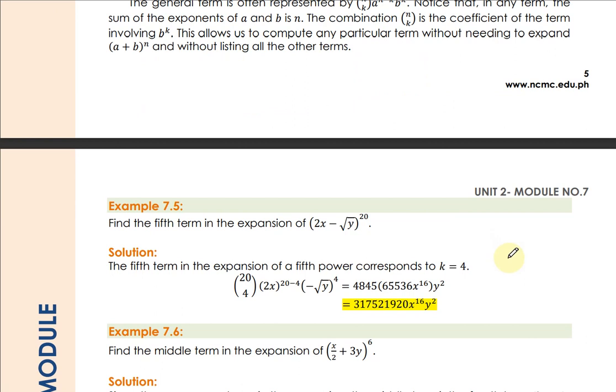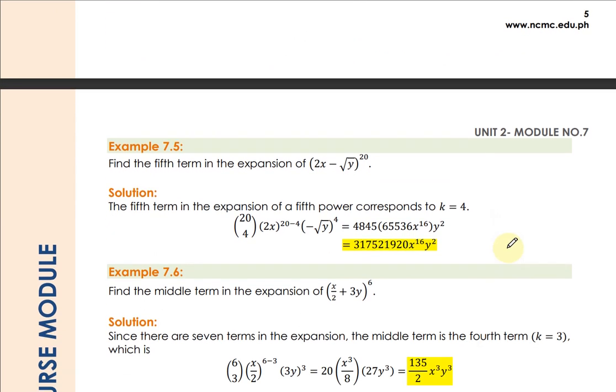Okay? So let's have an example where you find a specific term. Find the fifth term in the expansion of 2x minus the square root of y raised to the power of 20. If you are just going to use Pascal's triangle, you have to expand everything, and 20 is far, so it takes a long time.